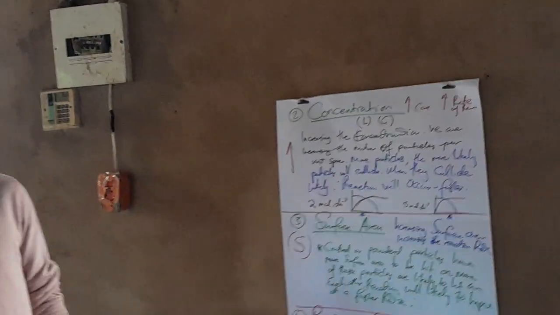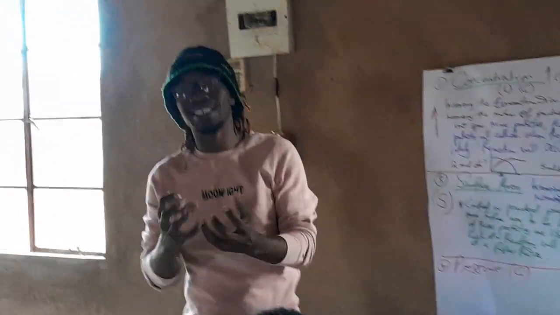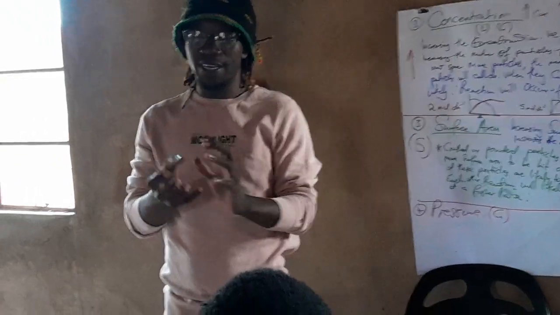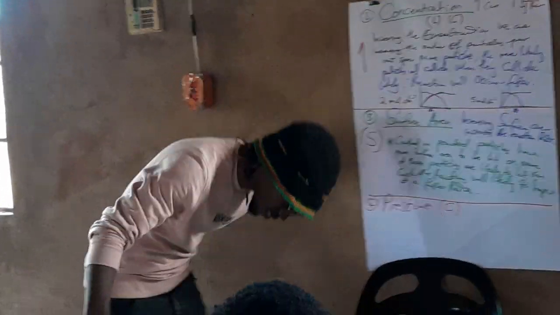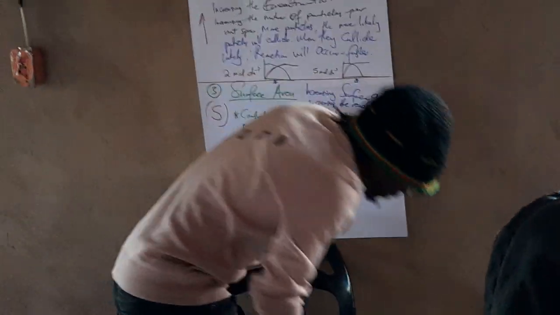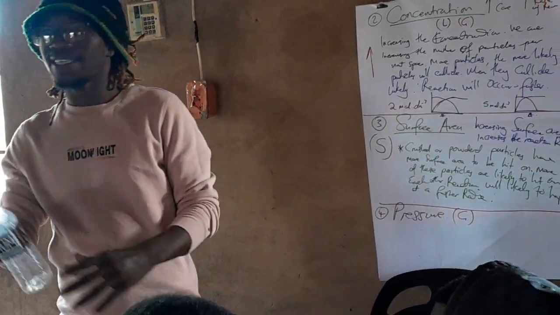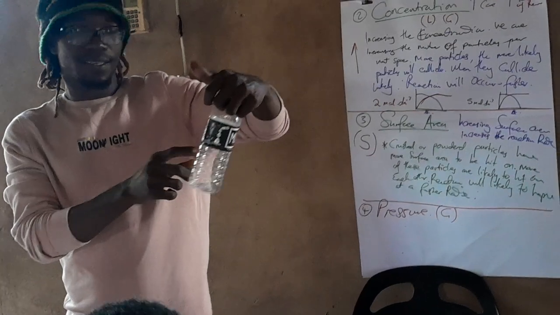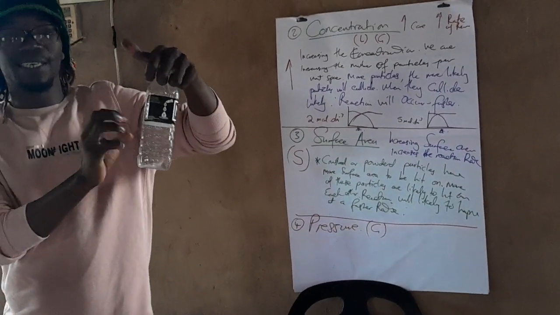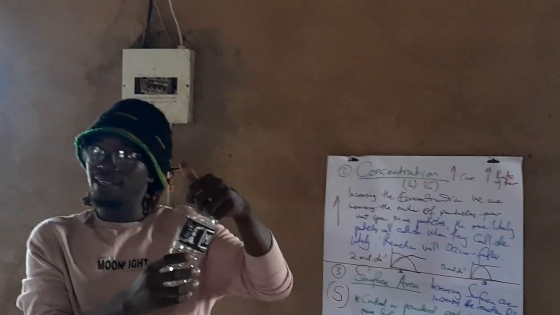Okay, so let's get on. If we take a certain amount of gas and you put it in this container, it means that those particles of that gas are colliding with this container, right?